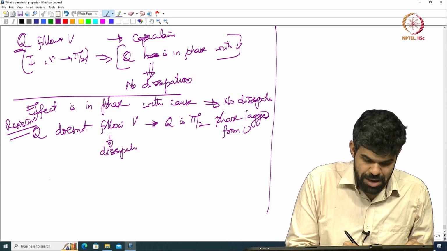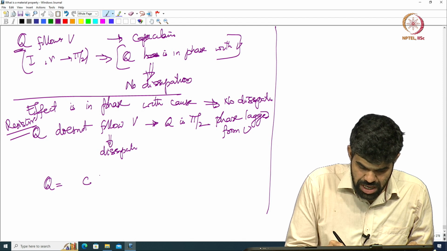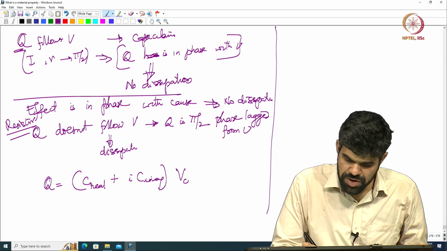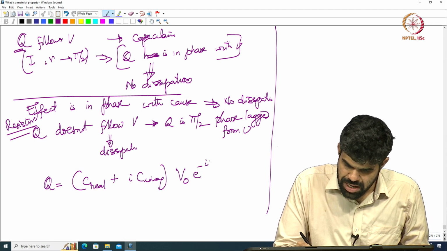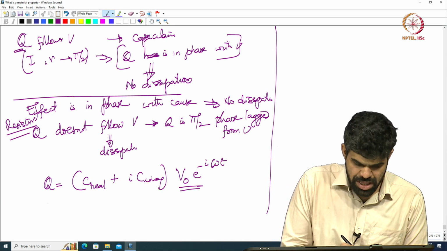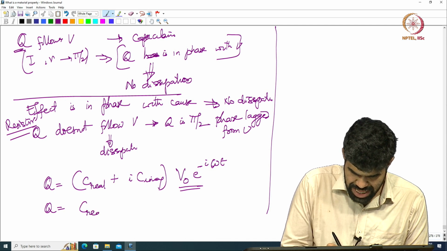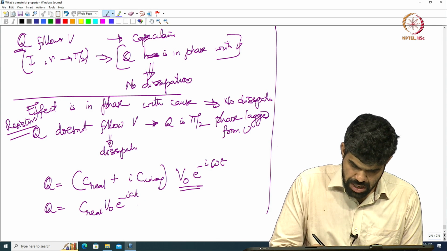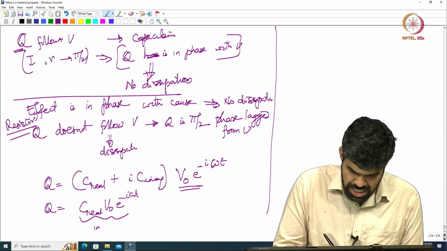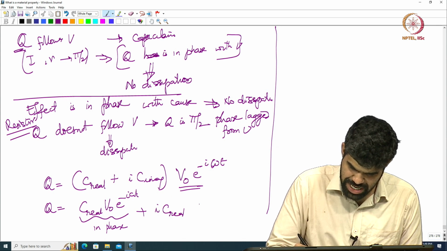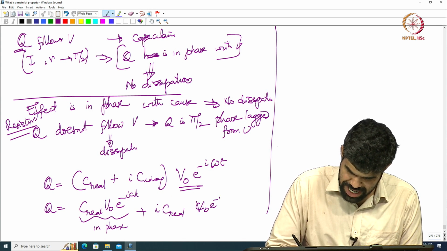Now, I am going to write this as Q equal to C real plus i times C imaginary, times V naught e power minus i omega t. So this is the forcing function. Then Q equals C real V naught e power minus i omega t, this is the in-phase part, plus i times C imaginary V naught e power minus i omega t.